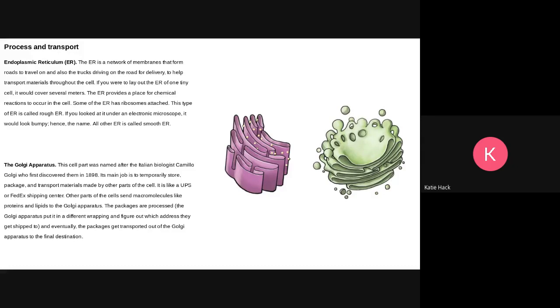Other parts of the cell send macromolecules, such as proteins and lipids, to the Golgi apparatus. The packages are processed, and eventually they get transported out of the Golgi apparatus to the final destination.